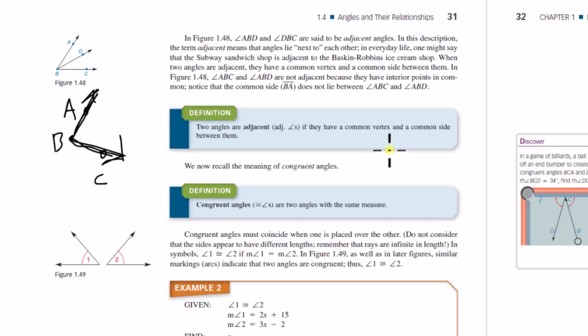So you might think that means congruent angles aren't adjacent. That would be incorrect, because recall the meaning of congruent: when two angles have the same measure. That was it. So you can have two adjacent angles that have the same measure.